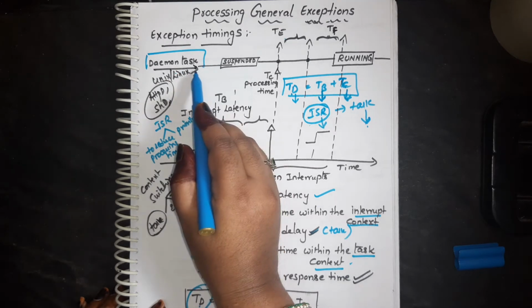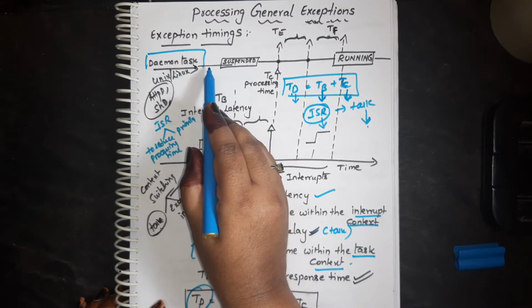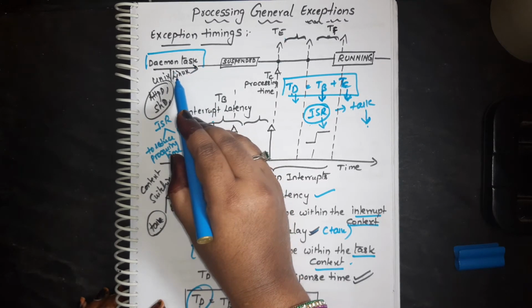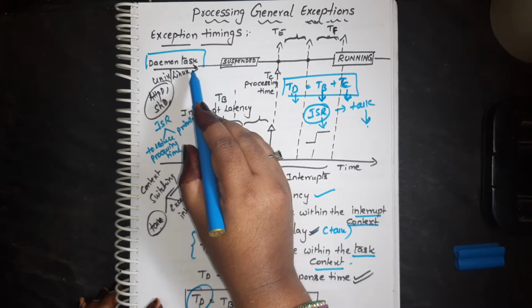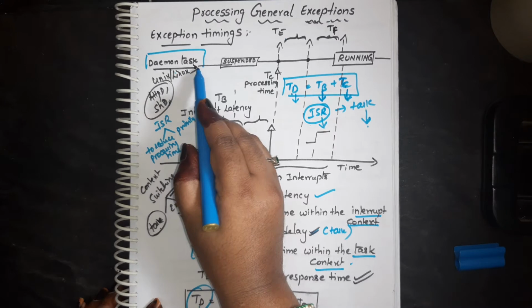The daemon task is a background task which can be executed whenever a real time operating system, which internally runs Unix or Linux operating system, needs background programming. These background processes have high priority.